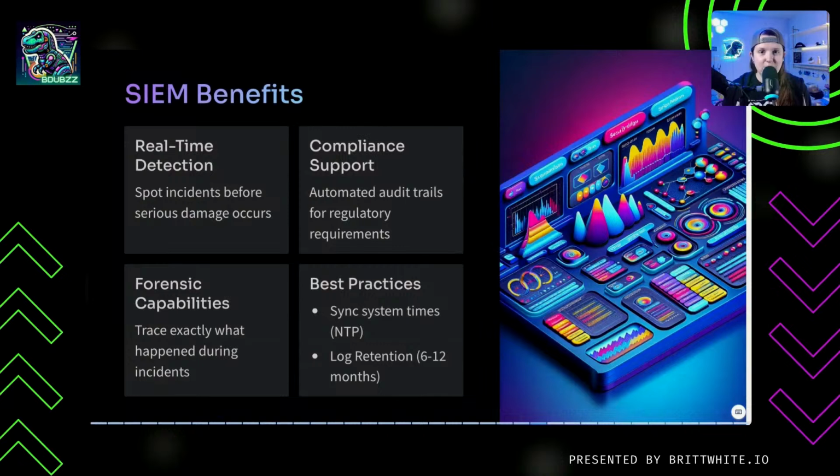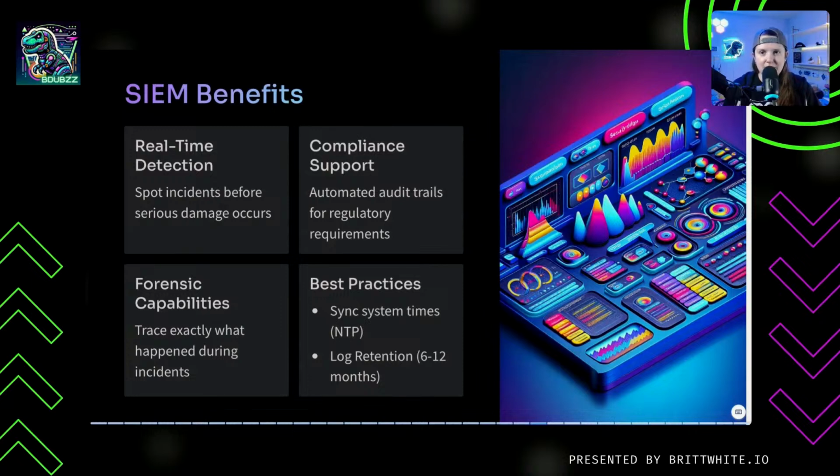Best practices include syncing all system times with the Network Time Protocol, or NTP, for accurate correlation and implementing proper log retention based on compliance requirements, which is typically 6 to 12 months. Remember to manage your logs strategically, generate meaningful events, collect comprehensively, analyze effectively, and don't just accumulate random data without any purpose.